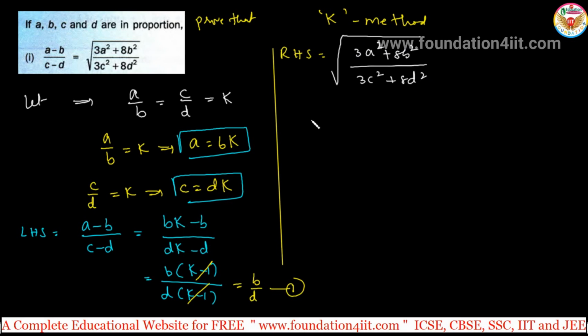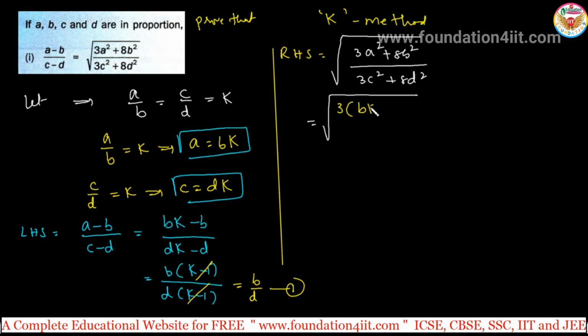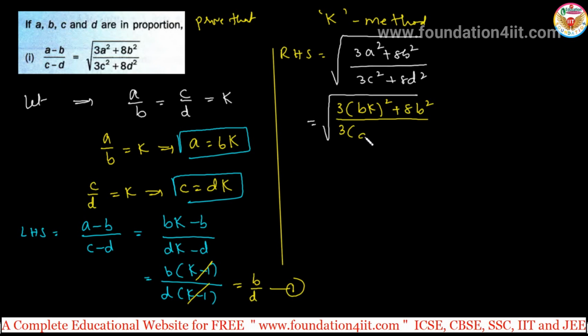Same way here, instead of A and C, we can replace this. So 3 into, instead of A, BK square, plus 8B square as it is, divided by 3 into, instead of C, DK square, plus 8D square. Simplify and take the common factor.